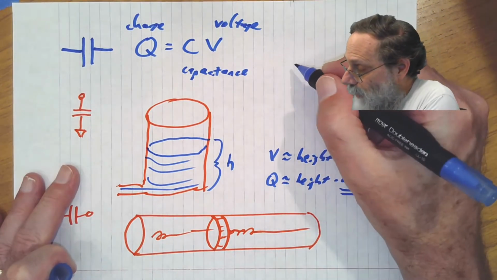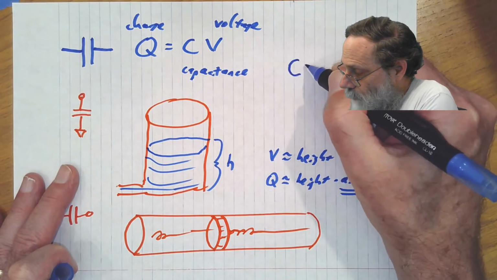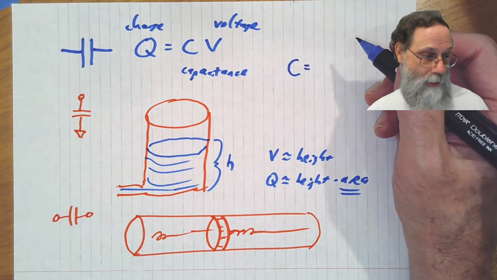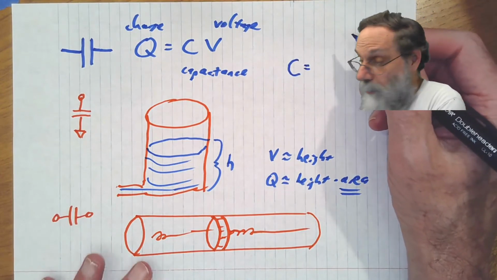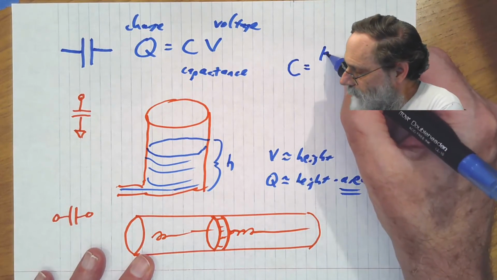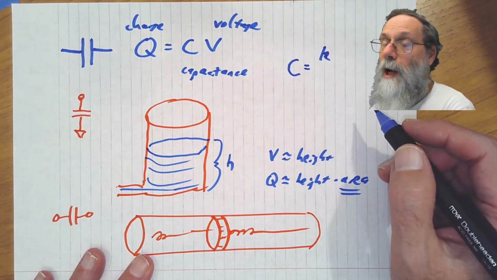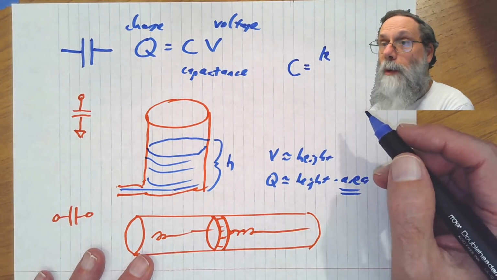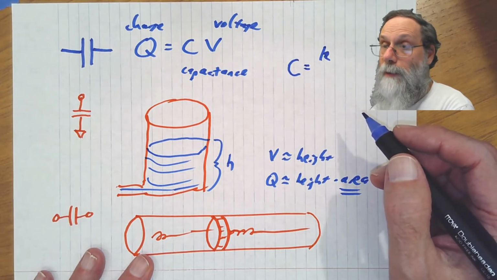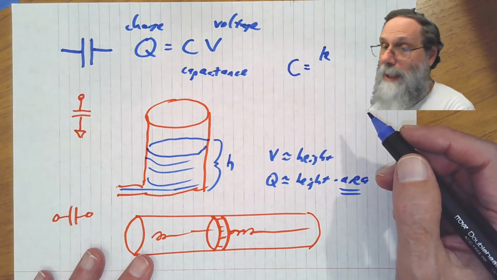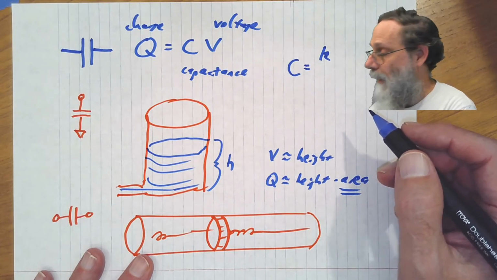We can estimate the capacitance with just a few different parameters, and these are some constants. One of them is K, the relative dielectric constant, which is determined by what material we use for the insulator. If we use air or vacuum, it's a 1. If we use just about anything else, it's bigger. Plastics are usually around 2 or 2.5.